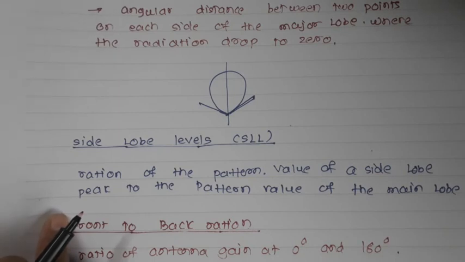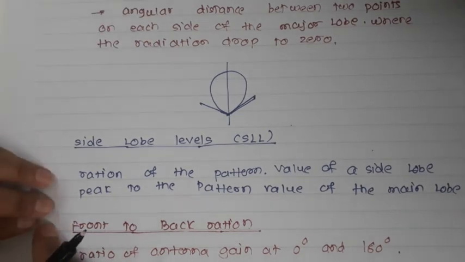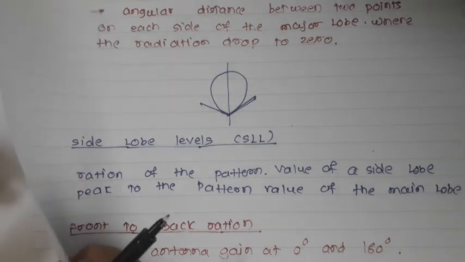Now let us talk about the antenna bandwidth. A very simple definition, as we have already seen: bandwidth is the range of frequency in which your signal lies.